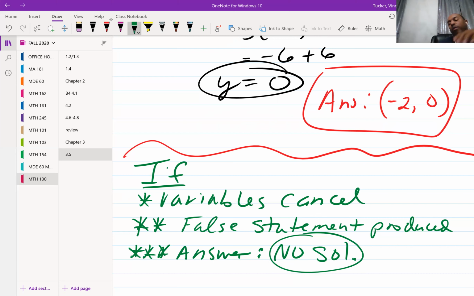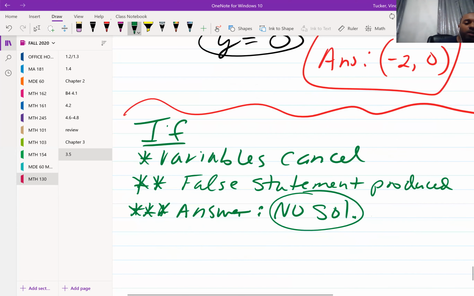And this is the same thing. Remember I told you that no matter what method you use, you have those three scenarios. The two we just did had one solution, but this is how no solution is produced. So if you solve it out, your variables cancel out, and you have a false statement. Remember your false statements could easily be 0 equal to 5. That's false. Just two numbers that are not equal to each other once your variables cancel. Then your answer is no solution.